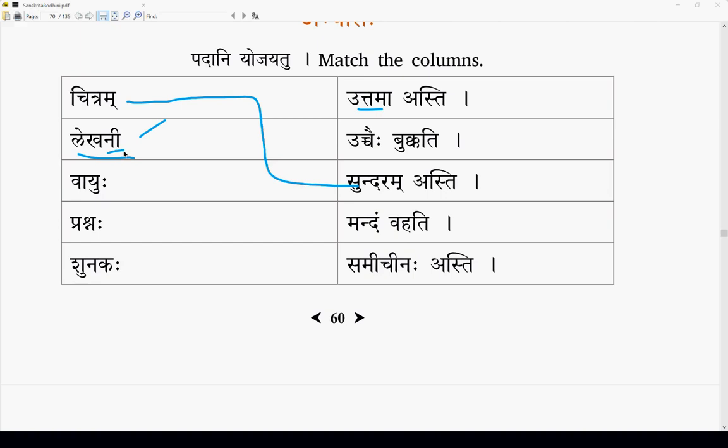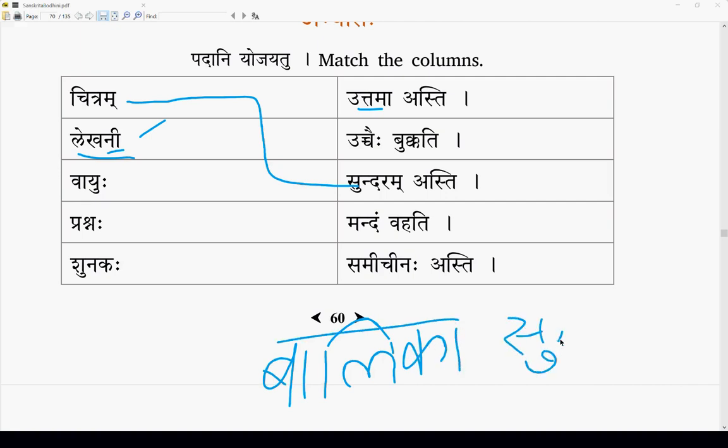Note that in our earlier udaharanam, Balika Sundari asti, Balika was the visheshyapadam and Sundari was the visheshanapadam. Here, the visheshyapadam was ending in A and the visheshanapadam in E. But here Lekhani is the visheshyapadam, the one being described. The visheshyapadam ends in E, but the visheshanapadam is A. They follow their own characters.